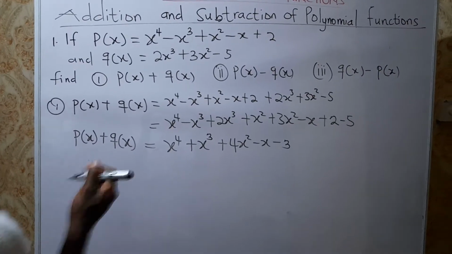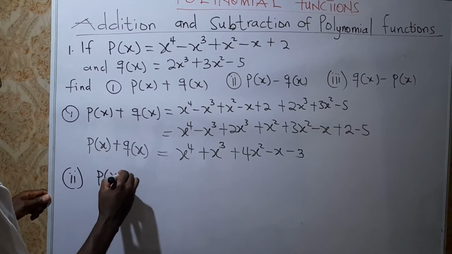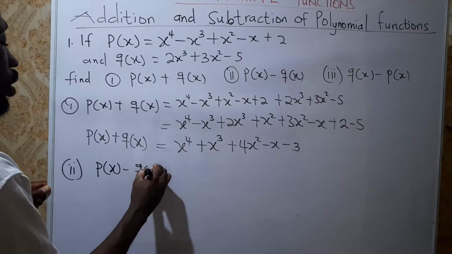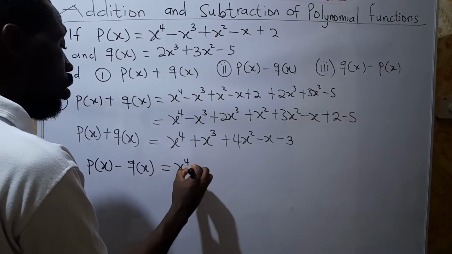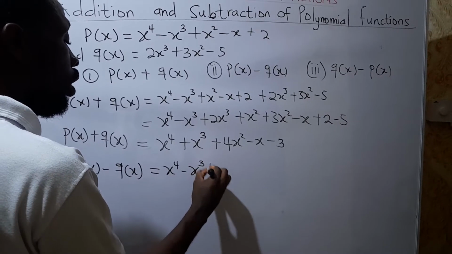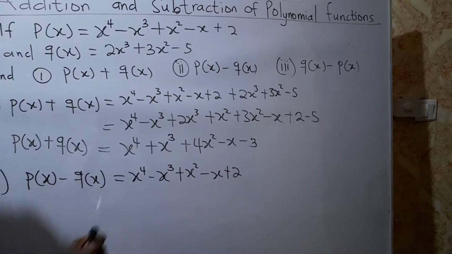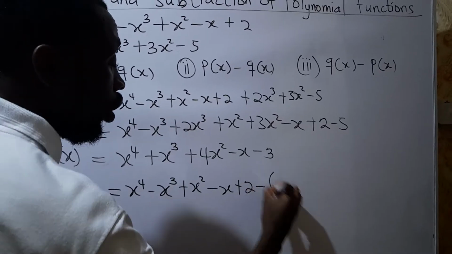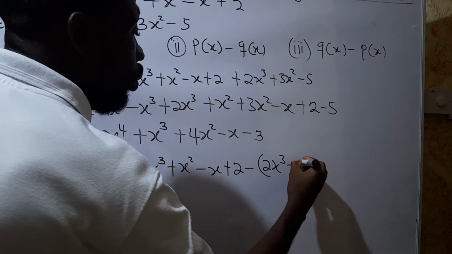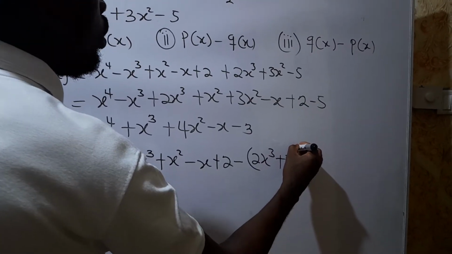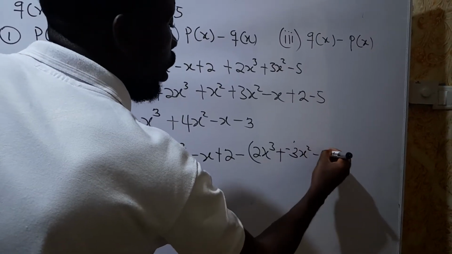So let's find the second one, that's p of x minus q of x. The same way. p of x is x exponent 4 minus x exponent 3 plus x squared minus x plus 2, then minus our q of x, which is 2x cubed plus 3x squared, then minus 5.